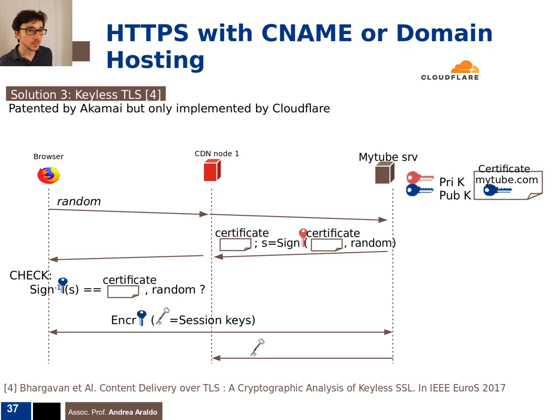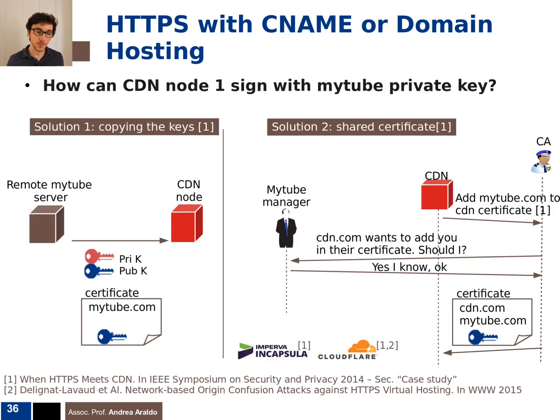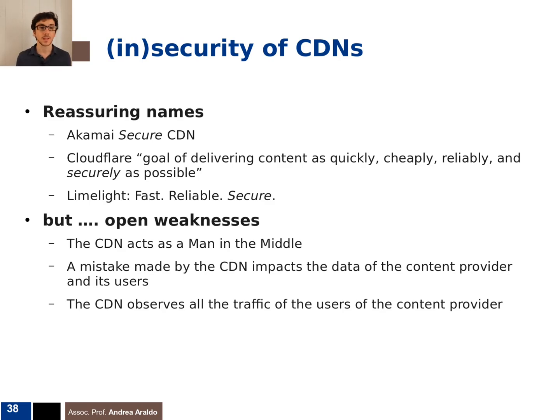However, this is a quite new approach and it is not used a lot. The previous two are the ones that are used the most. And it is curious that CDNs emphasize this aspect of security. So they call their product Akamai Secure CDN. Cloudflare says that the goal is delivering content as quickly, cheaply, reliably, and securely as possible, blah, blah, blah. But actually, the mechanisms of authentication on which they rely are anything but secure.